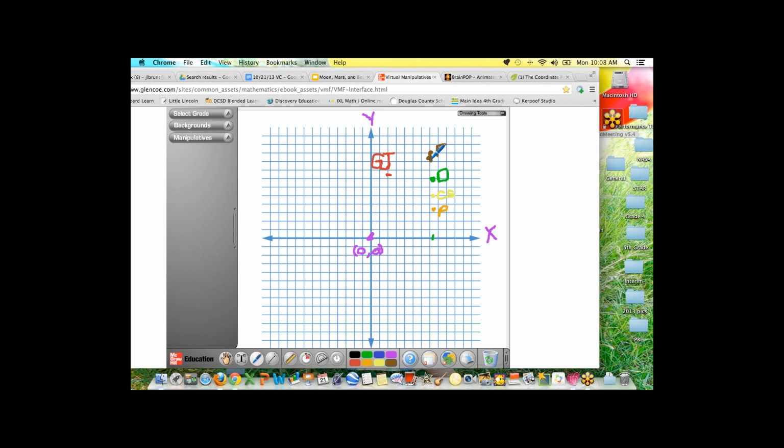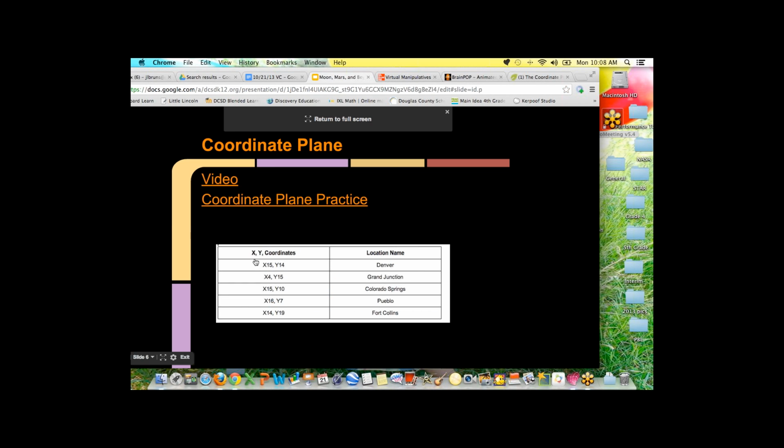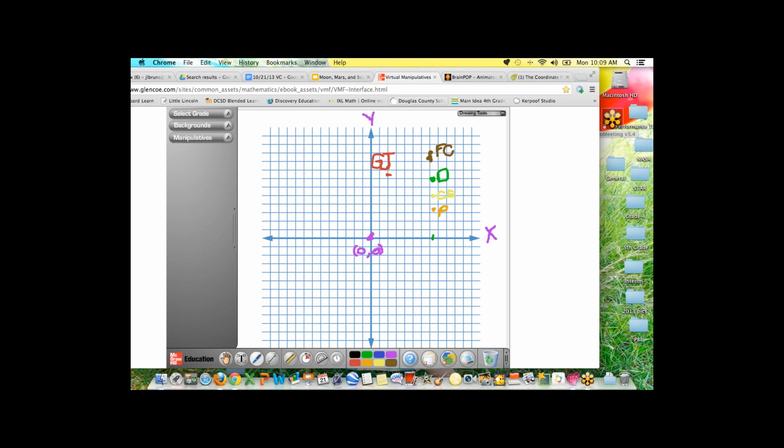So it's more like right there. Fort Collins. Okay. Pueblo was 16. Oh. What was 16? Pueblo? Yeah, Pueblo was 16, so I should have gone over a little bit farther for Pueblo. Pueblo would have been right here on this line. It wasn't at 15.